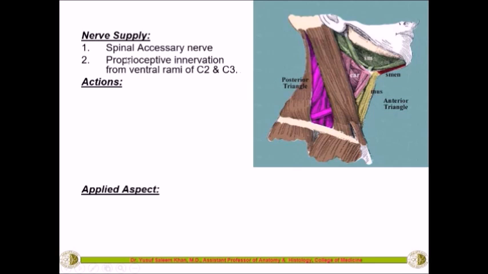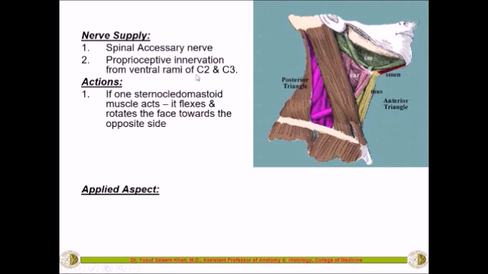Also, some proprioceptive innervation is from the ventral rami of C2 and C3. Proprioceptive innervation means the innervation with which the nerve can sense the position of the muscle, whether it is contracted or relaxed.